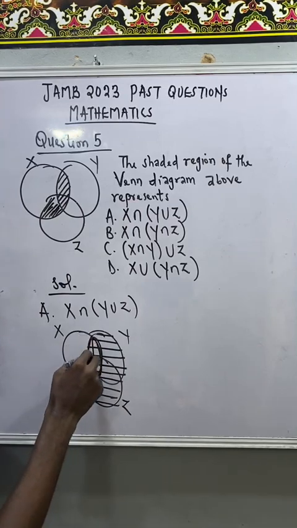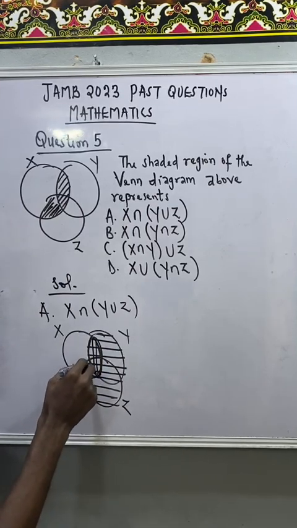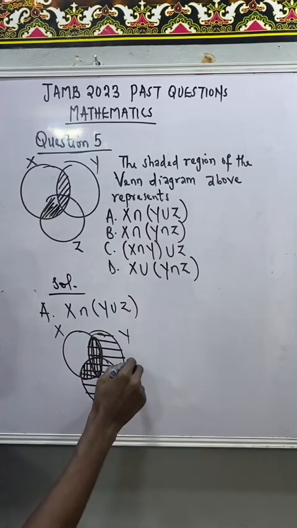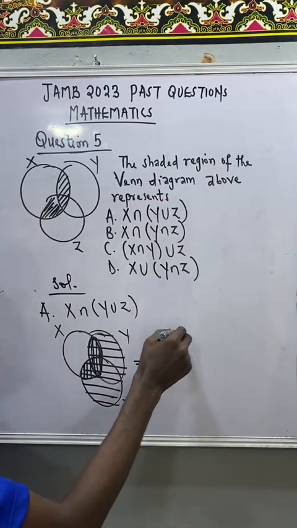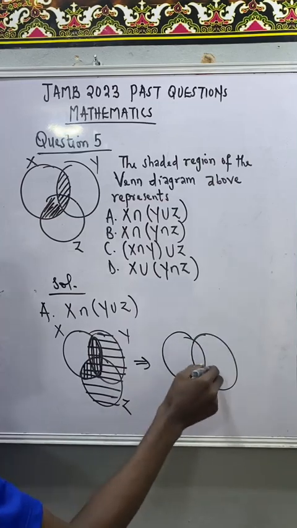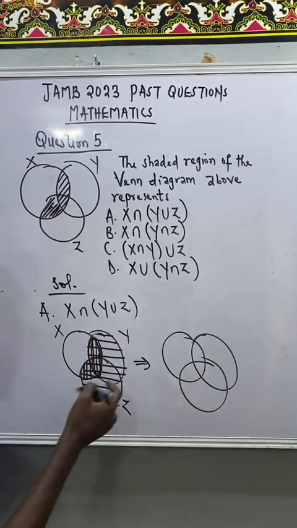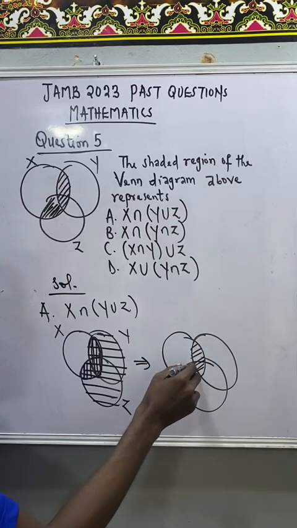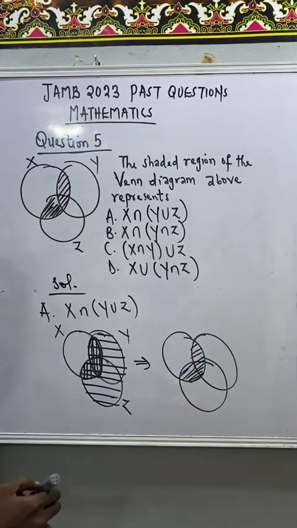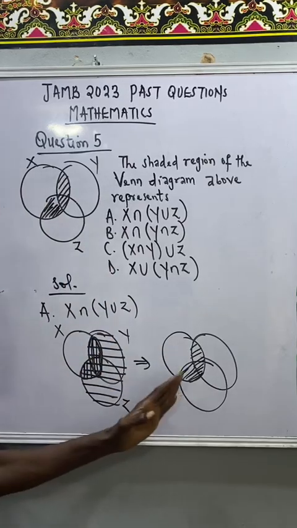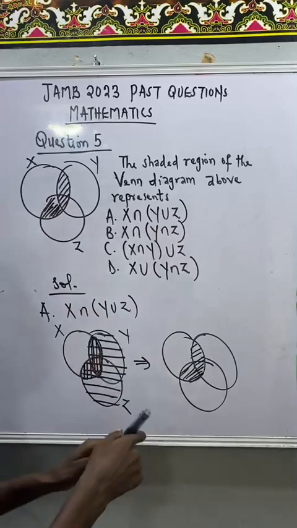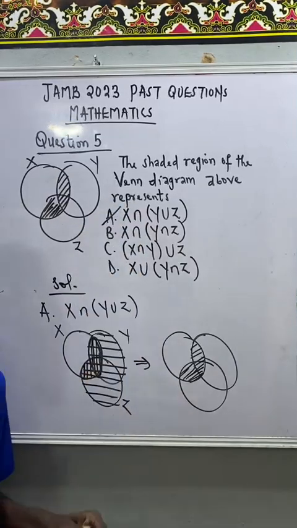So if I shade this part in another way, this diagram can be transformed back to this. This is the only part that I need, the part that I shade. Now, if we compare it with the original question, we see that this already answers our question. That means option A is the answer.